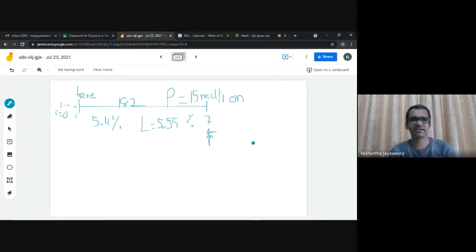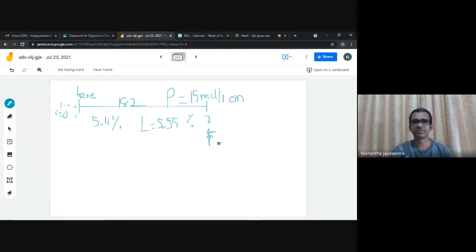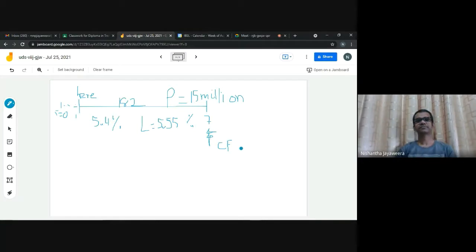On the other hand, if you assume you borrow 15 million at 5.4 and you lend that 15 million at 5.55, what is the cash flow here? You borrow at 5.4, you lend it at 5.55.